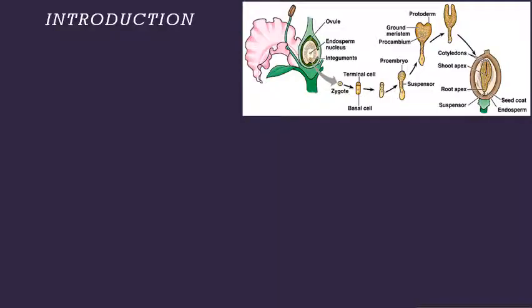So let us see the introduction regarding this particular embryo and endosperm development. This developmental process comes after fertilization in the angiosperms, that is the union of the male and female gametophyte.